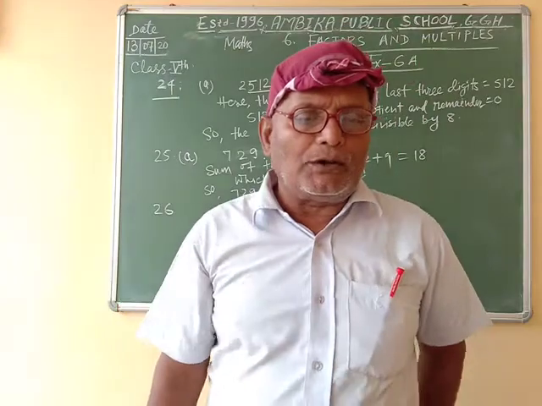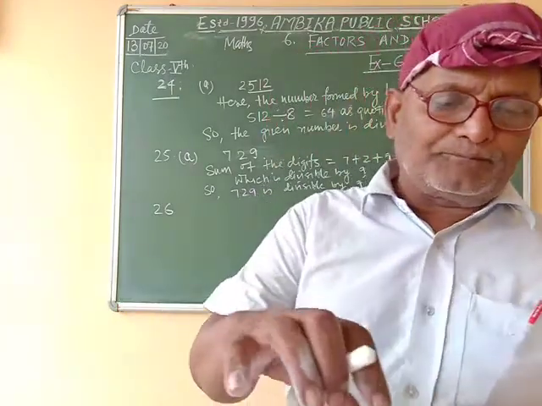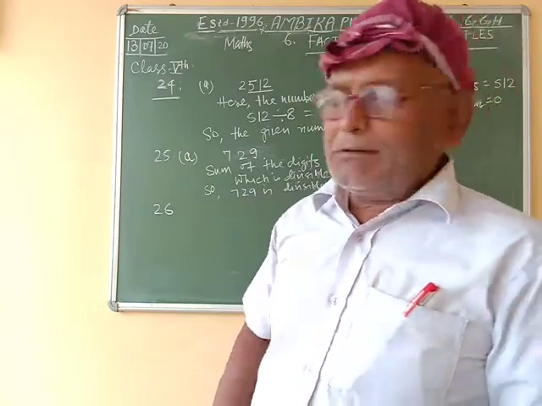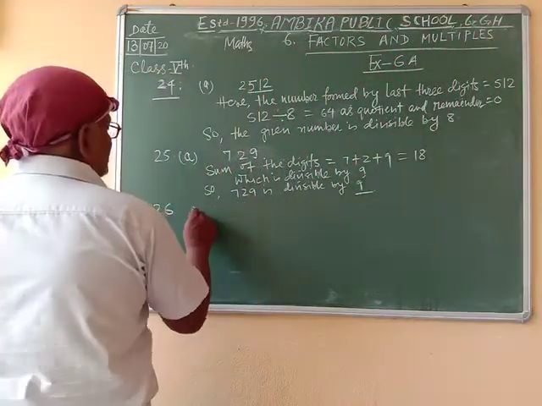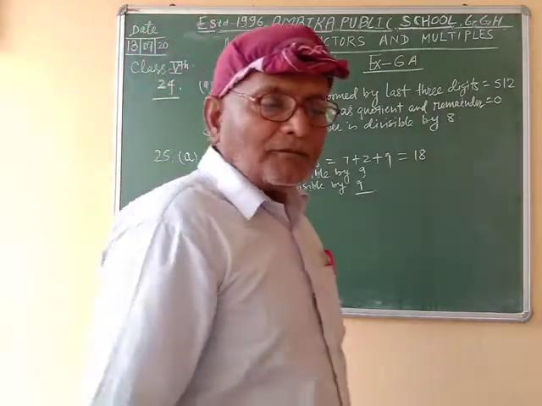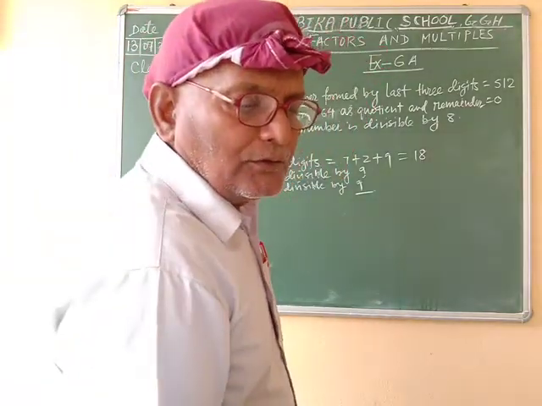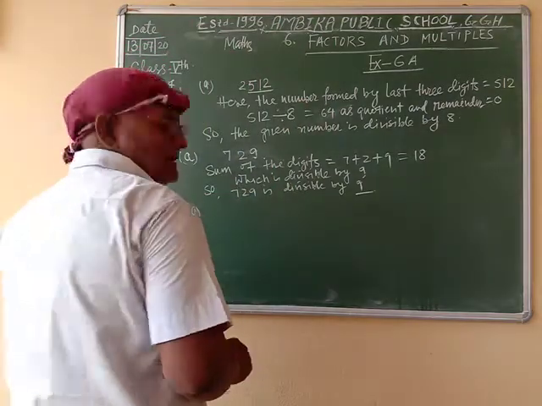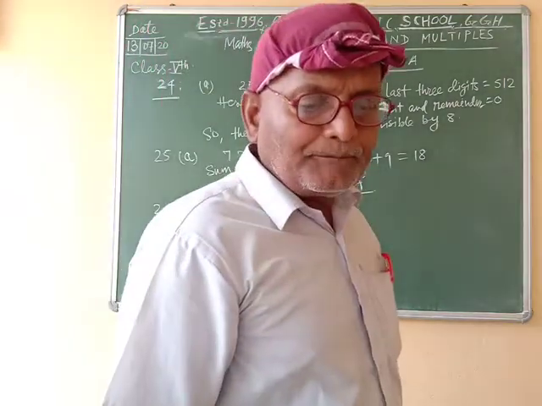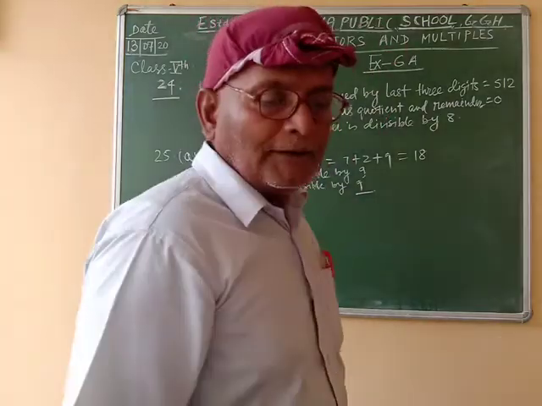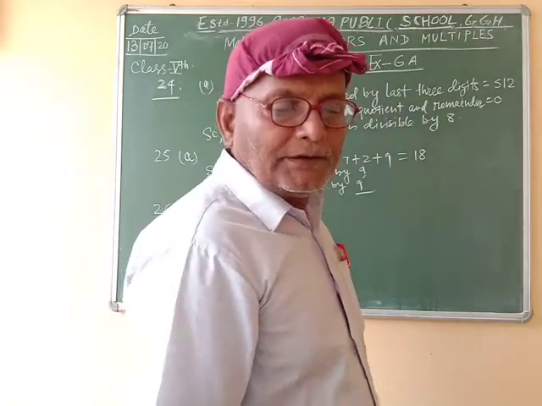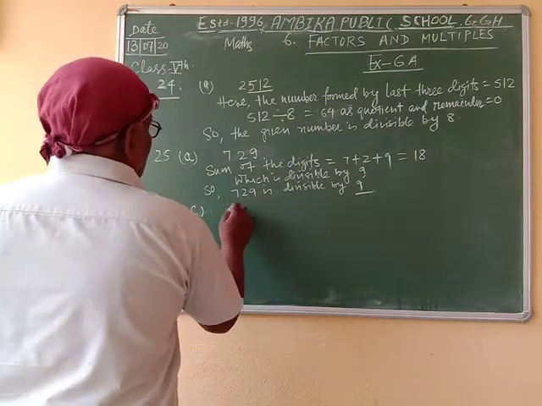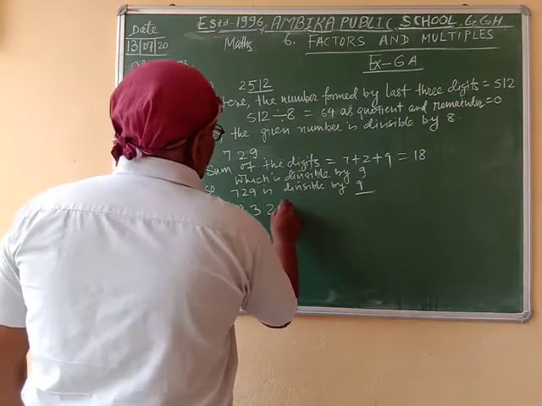Question 26 asks which of the following numbers are divisible by 10? 2575 and 8320.